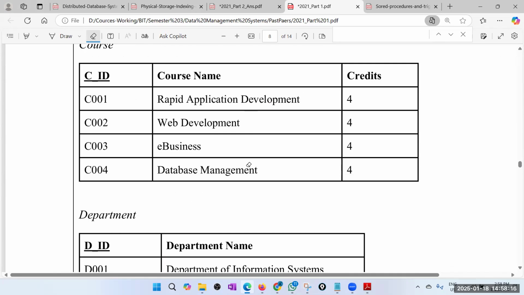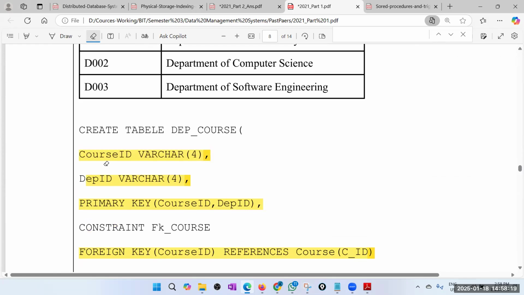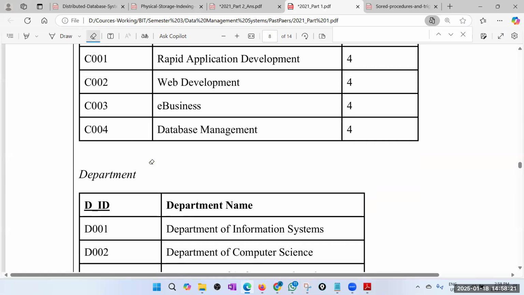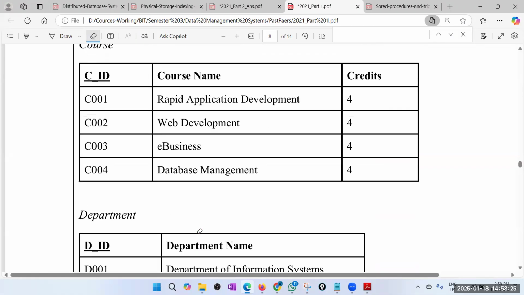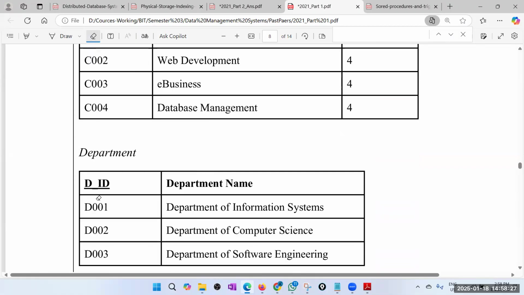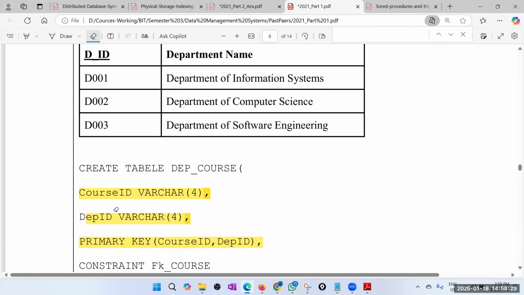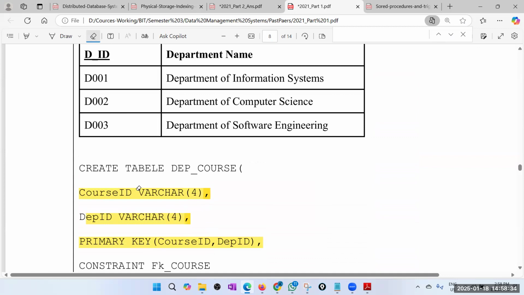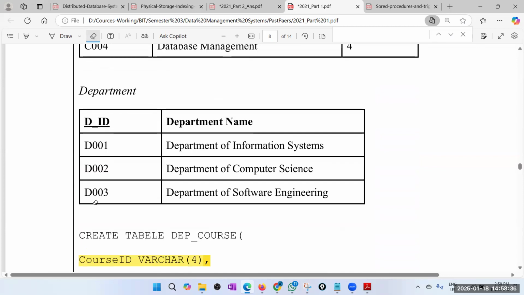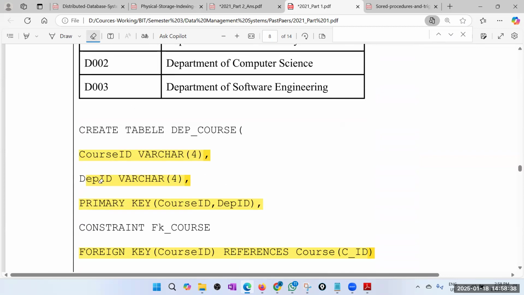What is dept course? Maybe another table. Course ID varchar 4. All right, course ID, yes, varchar 4 is fine. Dept ID varchar 4, 1, 2, 3, 4 characters. So far, so good. They have taken varchar, that is fine because letters are there.